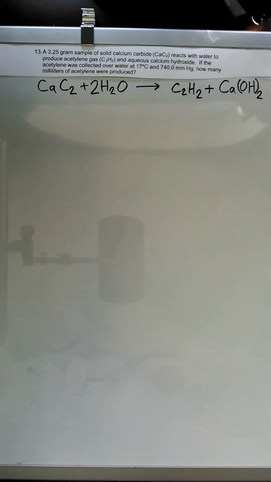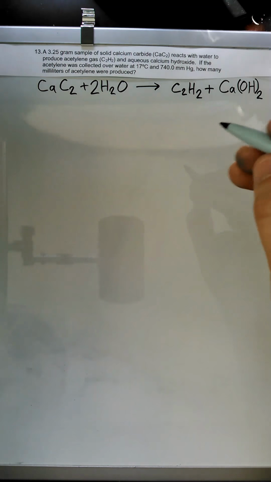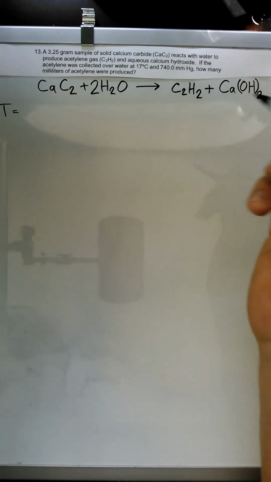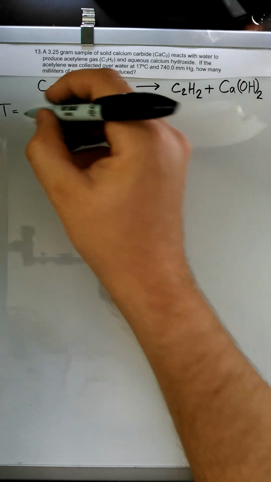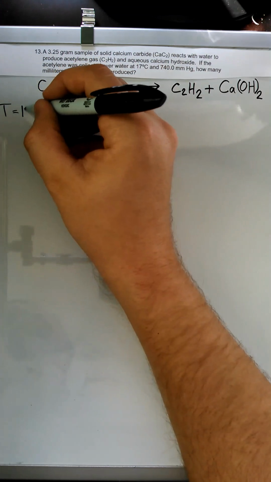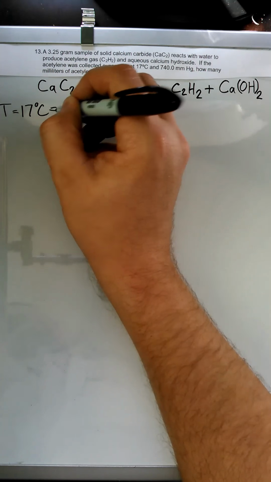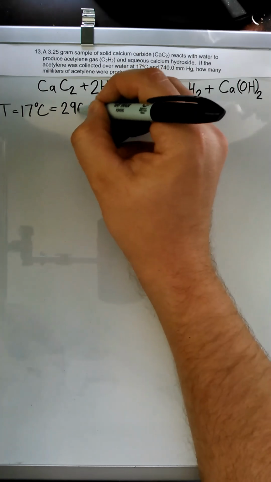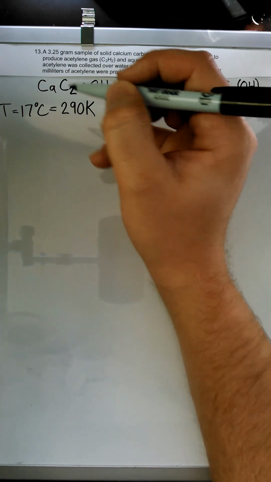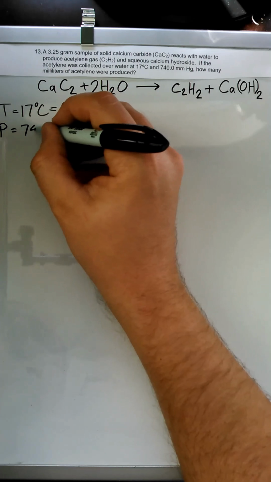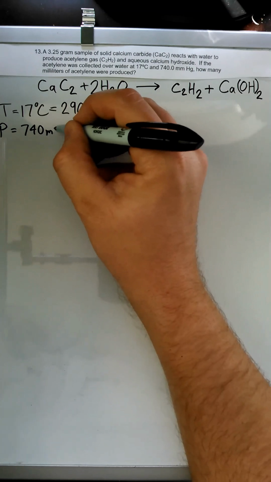Now identify what we know. We know the temperature of the water, which is where the acetylene gas is being collected, so the same temperature: 17 degrees Celsius, which when we add 273 to that, we get 290 Kelvin. We know the pressure is given in millimeters of mercury, 740 millimeters of mercury.